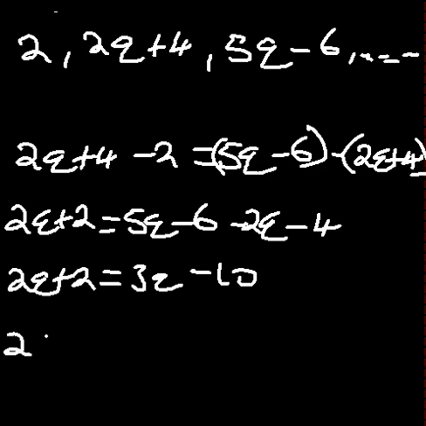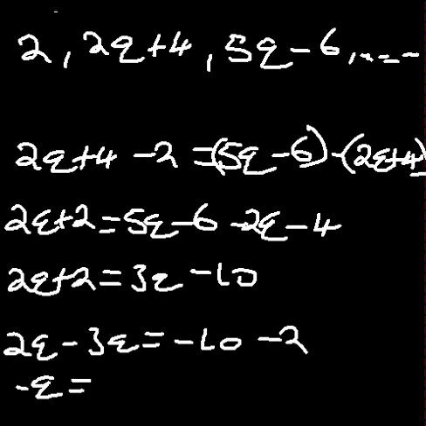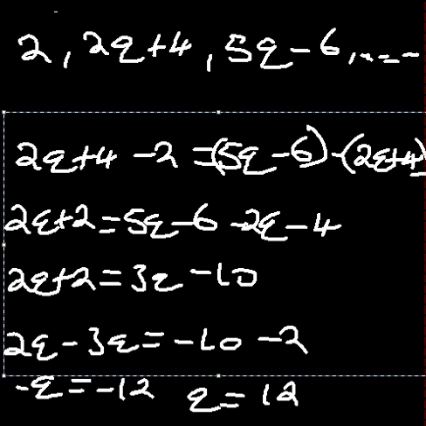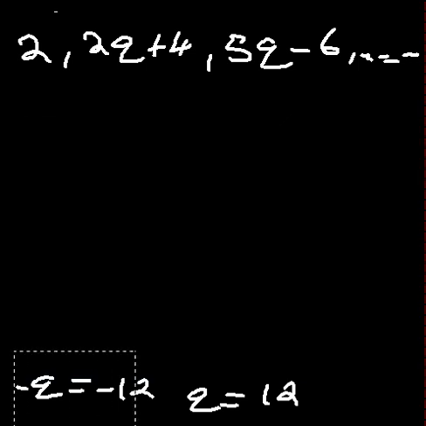So 2q minus 3q equals negative 10 minus 2, so negative q equals negative 12. Which means q is a positive 12. That is the value of q. Take note of that.